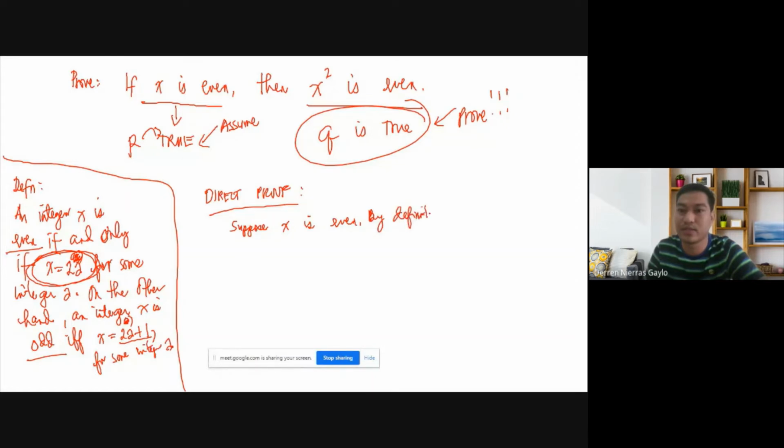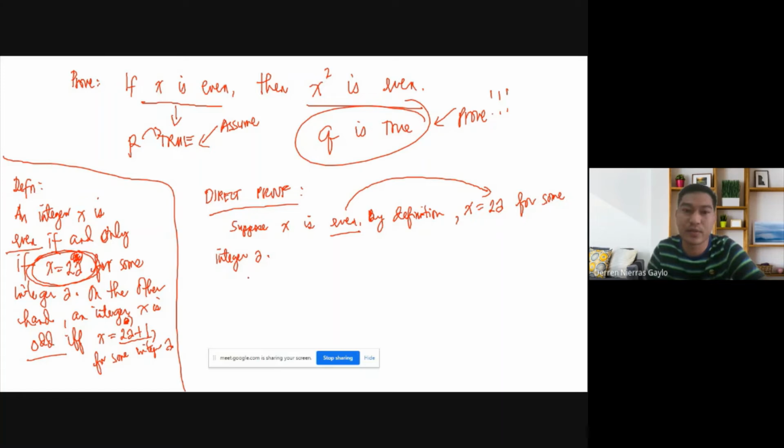By definition, x is equal to 2a for some integer a. Correct? x is equal to 2a comes from the definition of an even number. When you say x is even, then x is equal to 2a based on the definition.